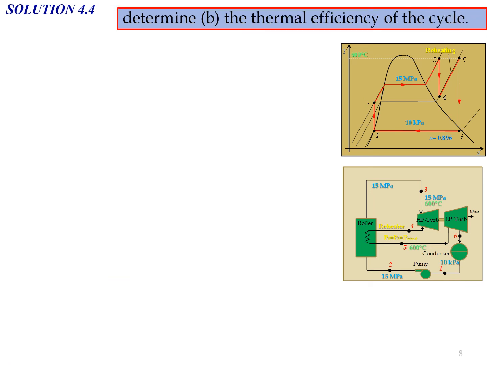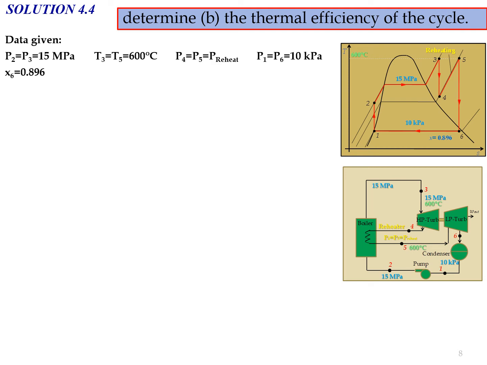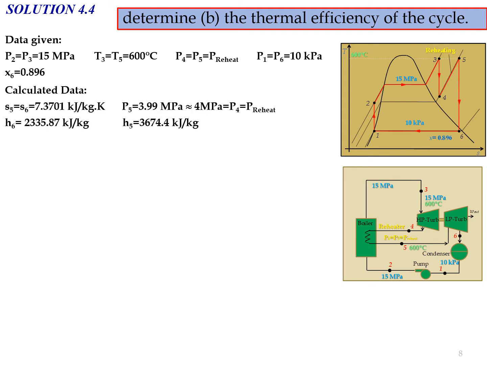Now we look into question B, which is to determine the thermal efficiency of the cycle. We list down all the data given in the question, and also the values that we calculated in the previous question, question A. We write down the thermal efficiency equation, which is equal to net work divided by Q in, equal to 1 minus Q out divided by Q in.